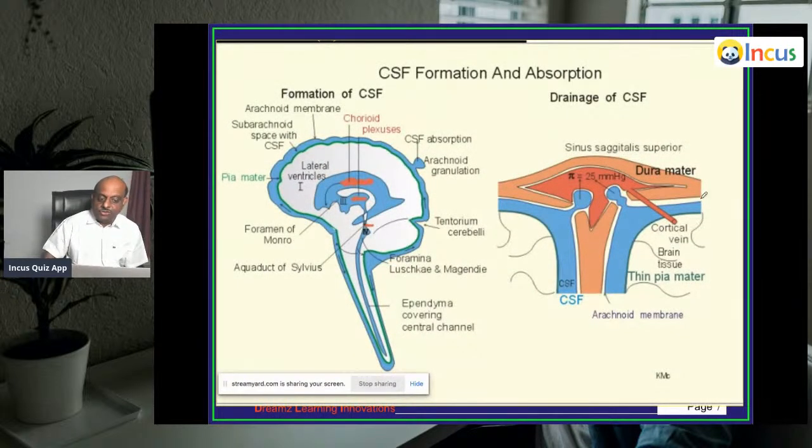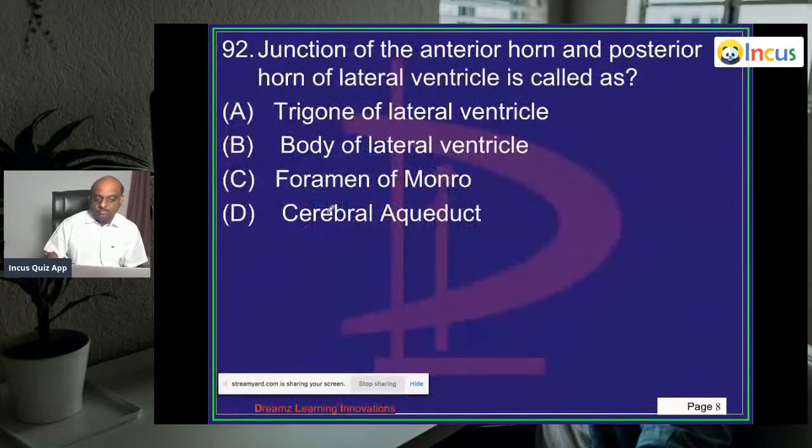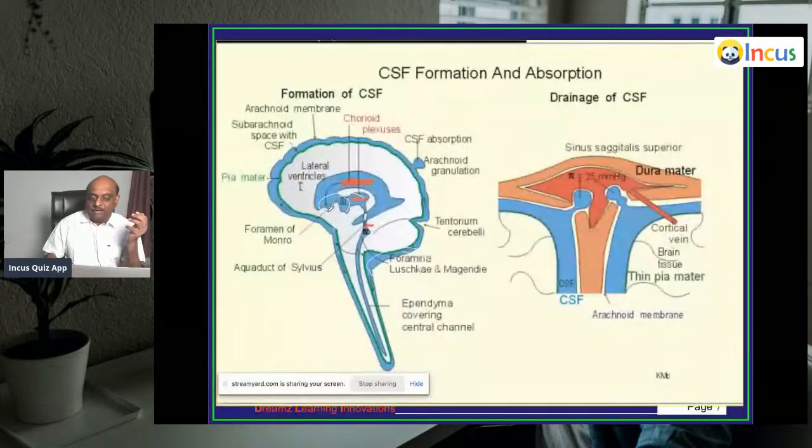So you must be very sure. Where are the foramen of Luschka and Magendie? The fourth ventricle. Where is the foramen of Monro? Between the lateral ventricles and the third ventricle. The lateral ventricles have an anterior horn and a posterior horn.